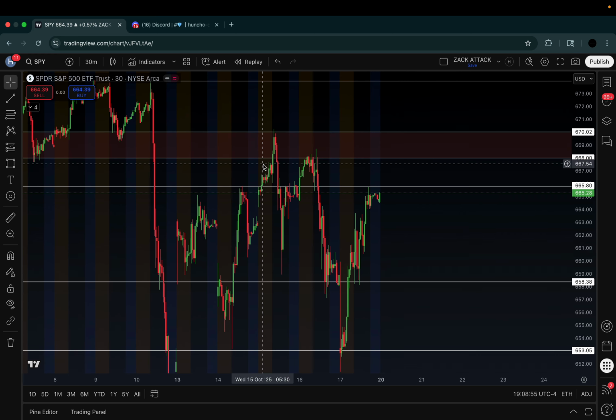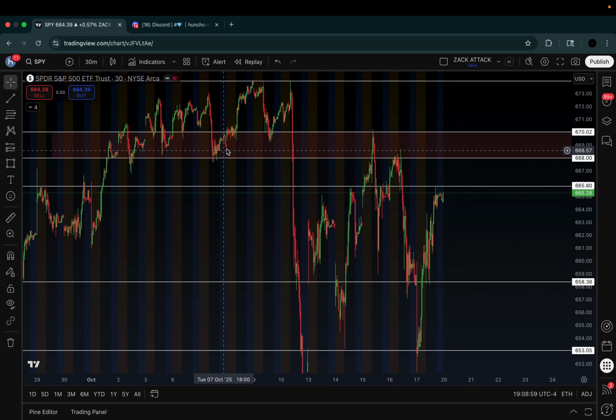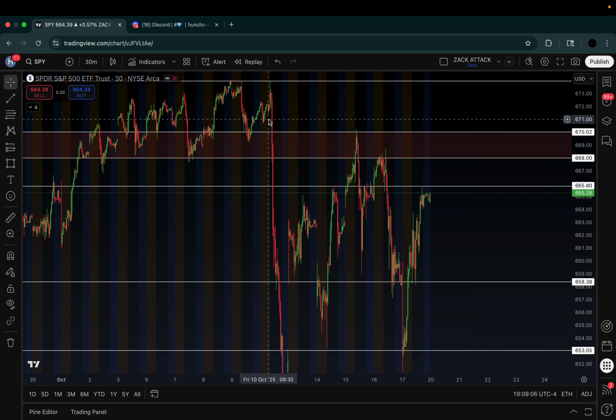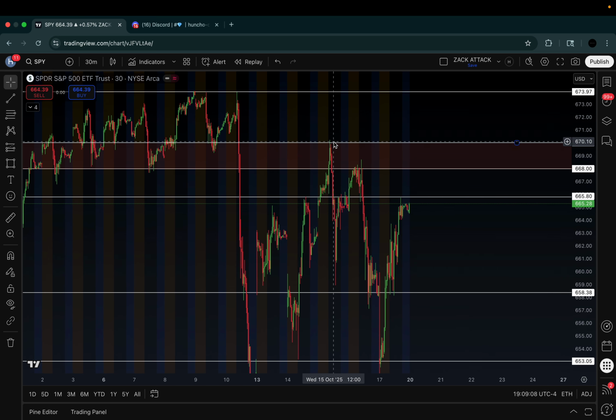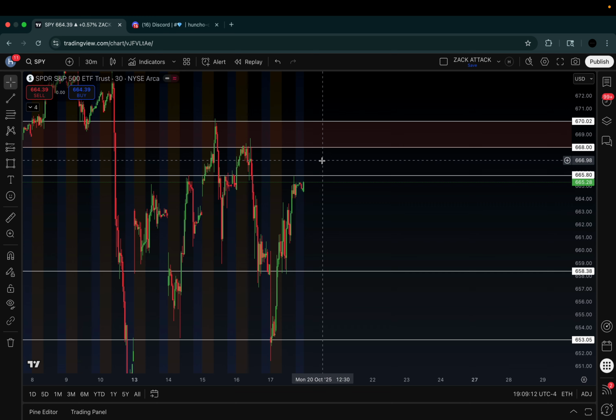So we've had two aggressive rejections from this area, and as you guys can see, we've had consolidation previously and bounces, and holds above when price was holding above 670. Now under it, this area is going to be very important to watch in this upcoming week if we end up back in this 668 key zone and between 670. Okay, so yeah, these are my 30-minute pivots.